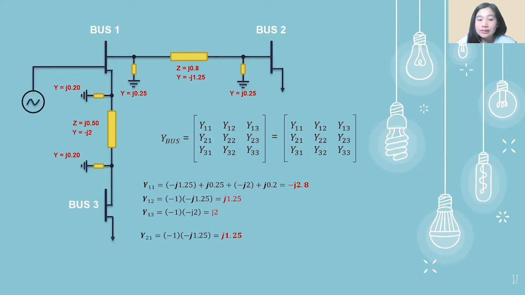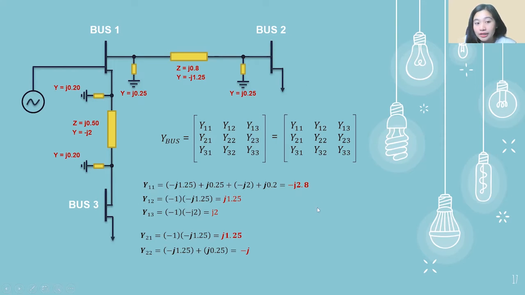Our Y21 is the same value ng ating Y12, wherein it only had been multiplied to -1. Y22 now is the sum of the admittances that are connected to our second bus. So our second bus has this and has this, which is negative J1.25 plus our J0.25.